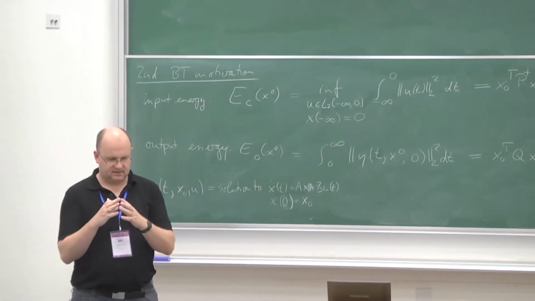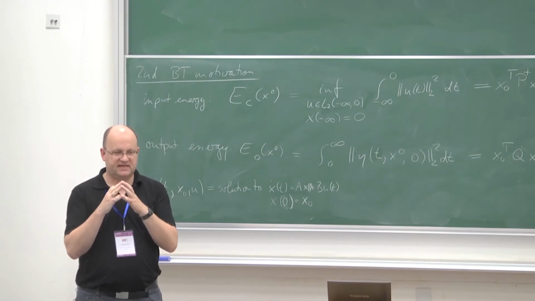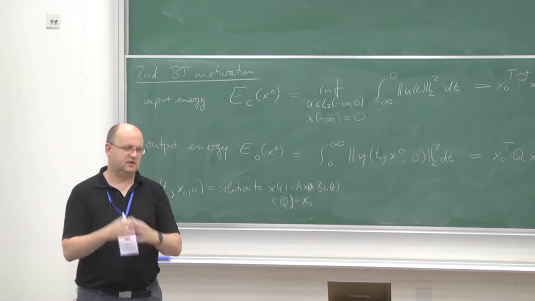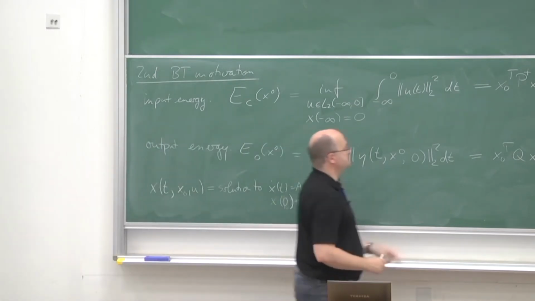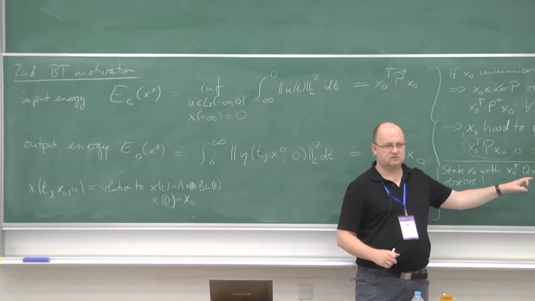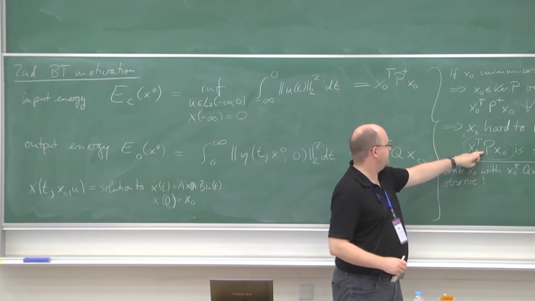So the key observation now is, in balanced coordinates, states that are hard to reach are also hard to observe, because in balanced coordinates P and Q become equal. Making that small means making that small.